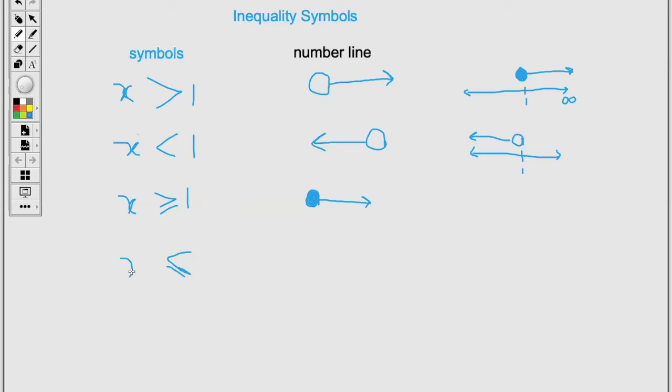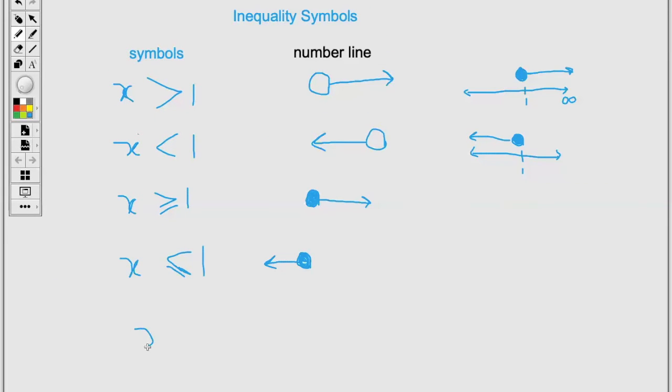If I have x is lesser than or equal to 1, again, I'll have a shaded circle, but in this case, I'm moving towards the negative infinity side. Looking at it, I'm able to say that I'm using the number 1 and all the numbers that are smaller than 1.